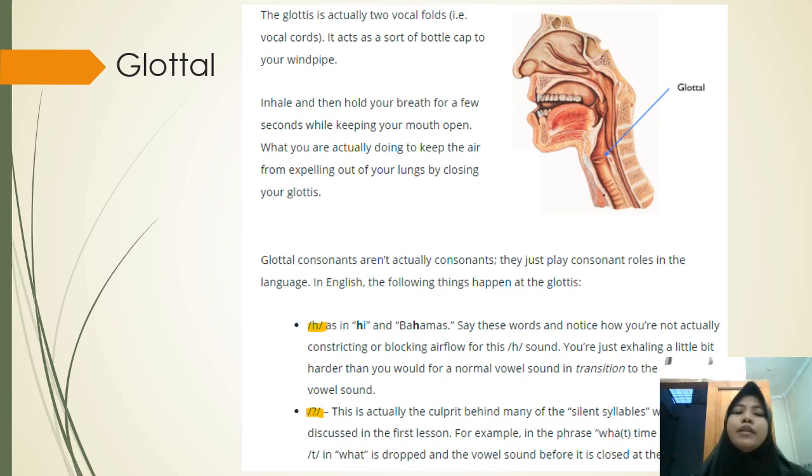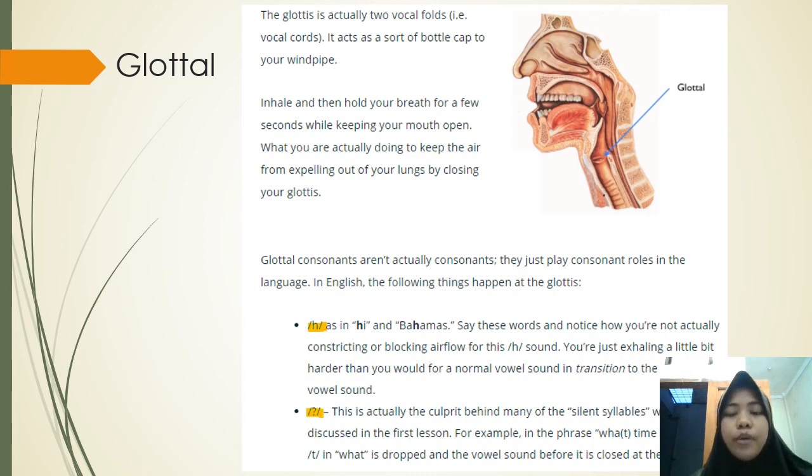Okay, class, those are our discussion today. Here we recognize several terms that we need to know about producing consonants. The first term is voiced and voiceless sounds, which depends on whether the vocal cords are vibrating. Then we talk about place of articulation.